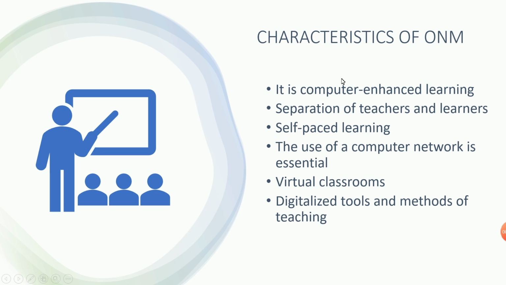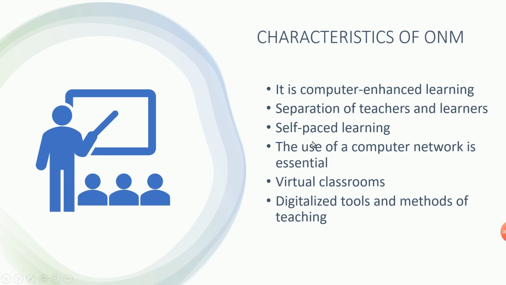Next, it separates the teacher from the learners. So we are not directly connected. To some extent there are lectures on YouTube also, where the teacher teaching in the video may not know who all the learners would be. So that is the main characteristic here.